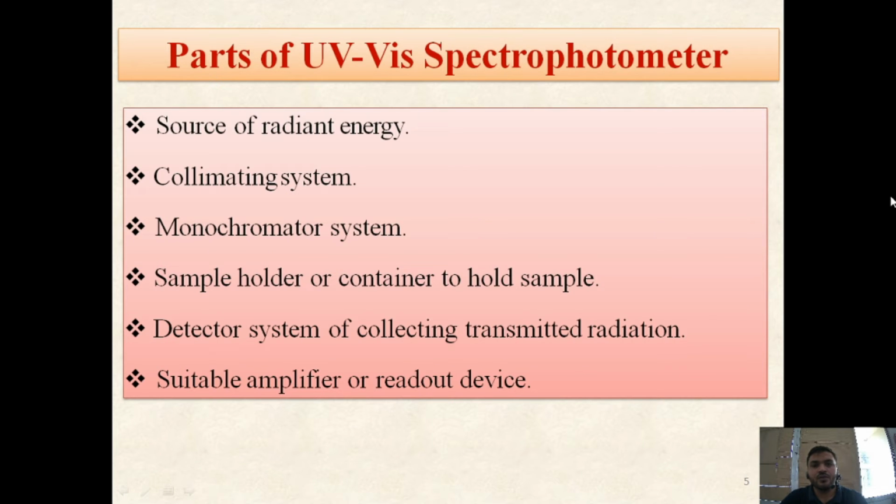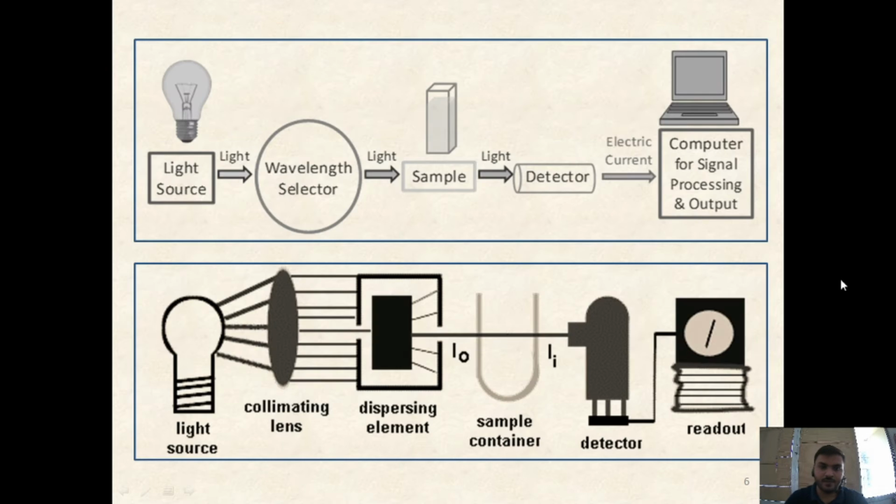Parts of a UV visible spectrophotometer: source of radiant energy, collimating system, monochromator system, sample holder or container to hold the sample, detector system for collecting transmitted radiation, and a suitable amplifier or readout device.